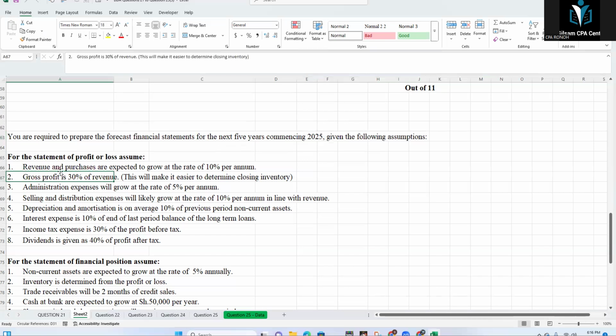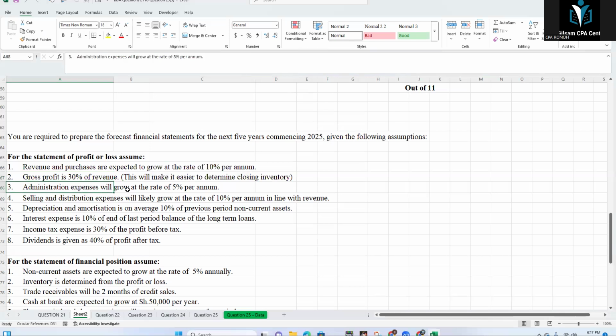So we have been told now, these are the assumptions 1 to 8. Revenue and purchases are expected to grow at the rate of 10% per annum. Good. Number 2, gross profit is 30% of revenue, and this will make it easier to determine the closing stock, which means we will not be given the closing stock, we will be using this assumption.